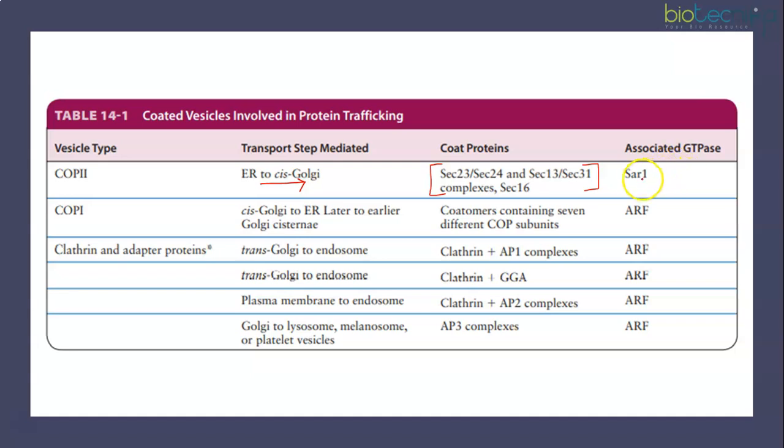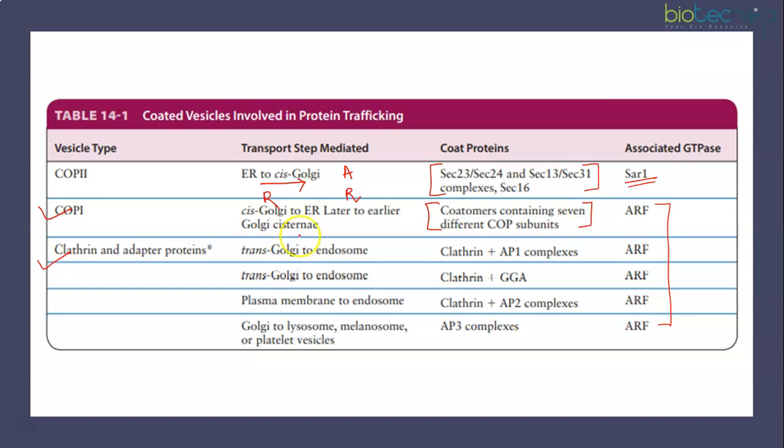Along with that, we have a specific GTPase associated with them, that is SAR1. But for COP1 and clathrin coated pits, remember we have ARF serving as the GTPase. So COP1 is Golgi to ER, that means in the reverse orientation. So this is anterograde, this is retrograde. Here you will find coatomers that serve as the coat proteins.